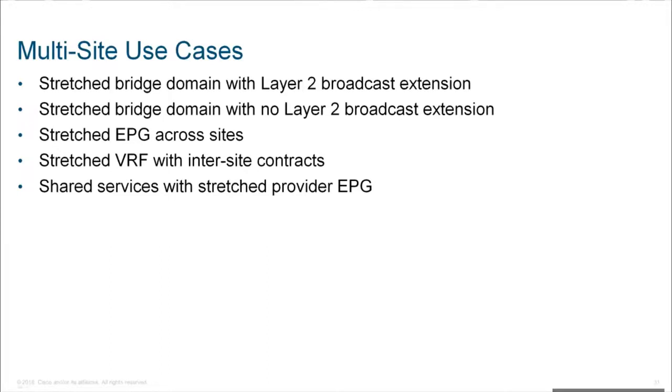We'll see the use case there. I have a stretched EPG across sites. It will not have the common bridge domain, so it'll basically be sending the packets as routed packets, not bridged. We have a stretched VRF with inter-site contracts where it becomes granular. And then we have a use case of shared services.